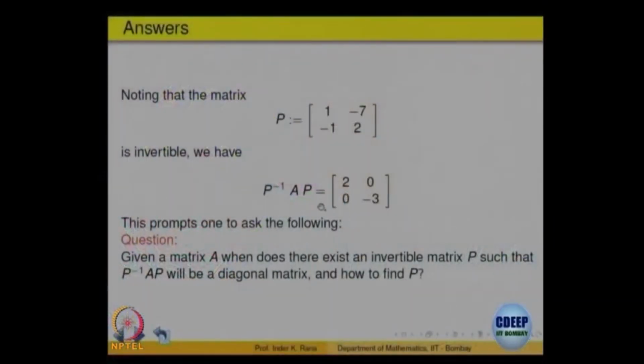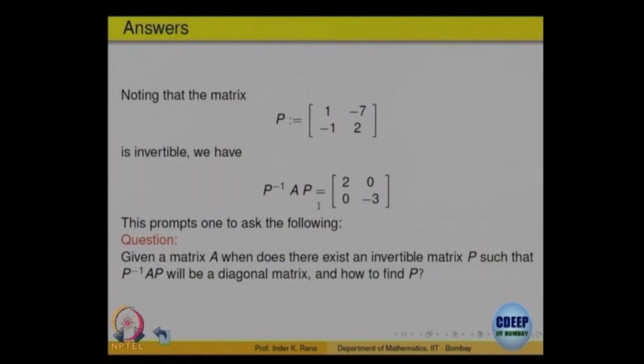Look, suppose A is a matrix, for the matrix that we have taken: minus 5, minus 7, 2 and 4. Suppose I want to compute the 100th power of that matrix.